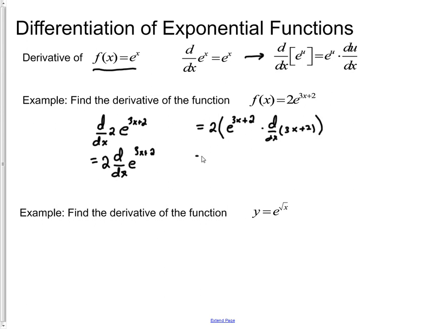Well, we know that that derivative is going to be 3, so we're going to have 2 times e to the 3x plus 2 power times 3. Or simply stated, our derivative, f prime of x, is going to be 6 times e to the 3x plus 2.